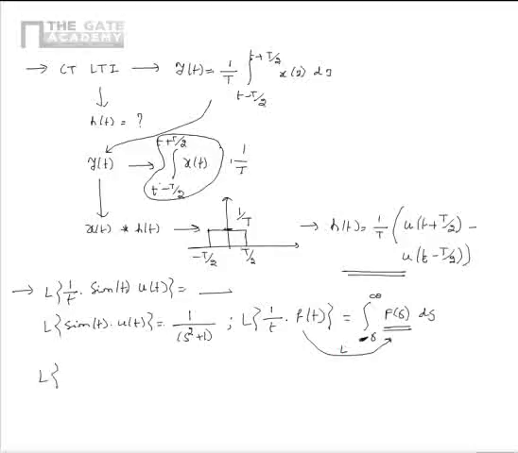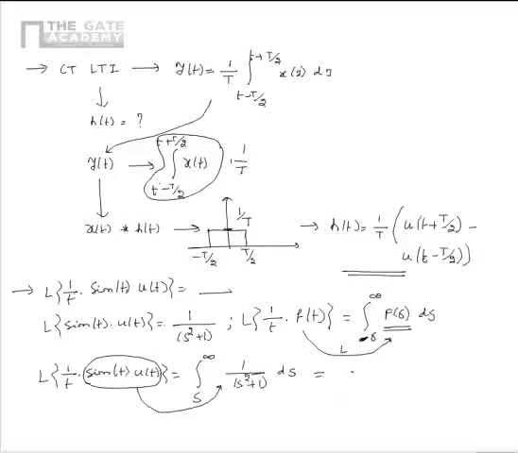From this, we can write that Laplace transform of 1 by t multiplied by sine of t u of t is equal to integral s to infinity of the Laplace transform of sine of t u of t, which is 1 by s square plus 1. So this should be substituted here, then ds. But we also know that this definite integral can be obtained as shown.